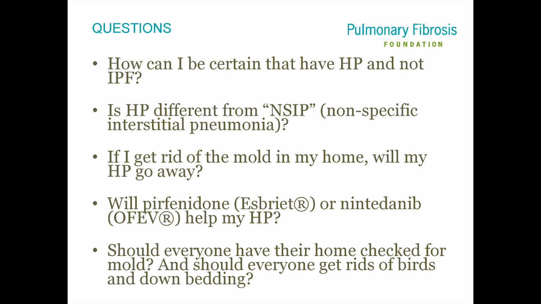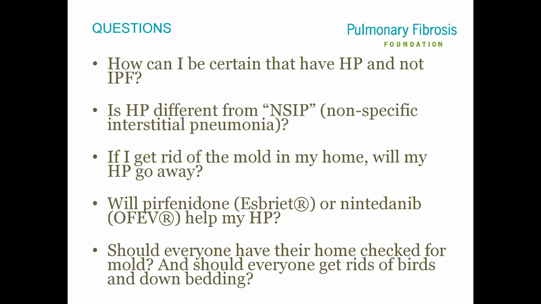Now, some people have NSIP for reasons we can't understand. It occurs in an idiopathic fashion. Idiopathic means we don't know the cause, just like idiopathic pulmonary fibrosis. But idiopathic NSIP is a different condition. Sometimes we know the cause of the NSIP pattern.